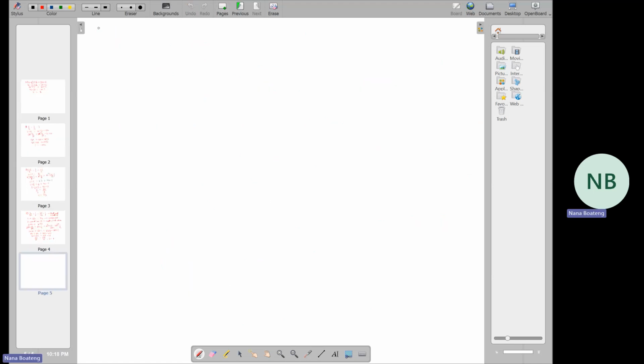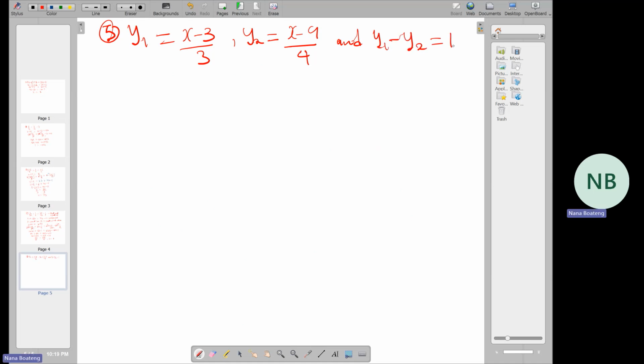So in example 5, we have y1 is equal to x minus 3 divided by 3, and we have y2 is equal to x minus 9 divided by 4, and we have y1 minus y2 equals 1.